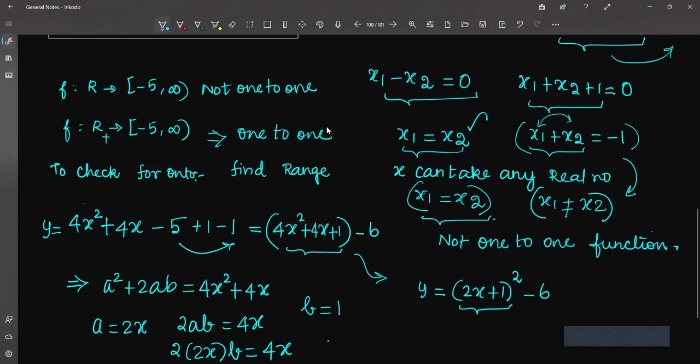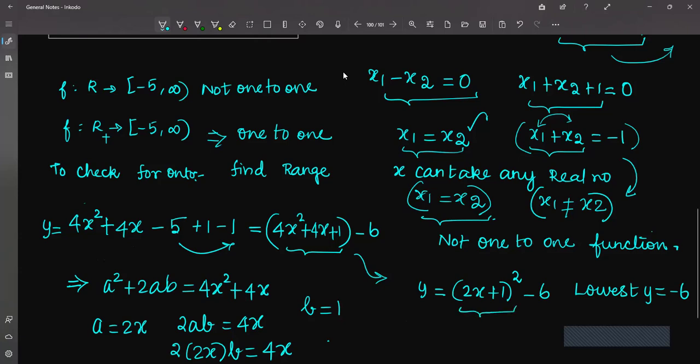The lowest value of a square term can only be 0, which means the entire lowest value, including -6, will be -6 itself. So the lowest y value can be -6. The highest y value can be anything.